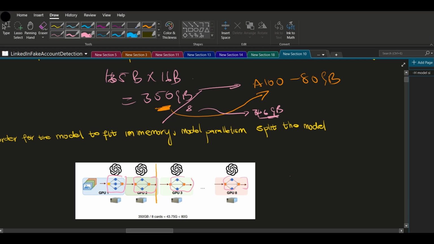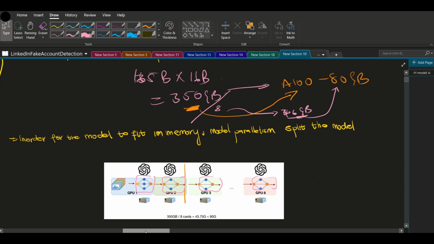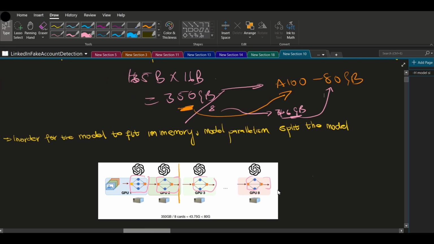And this 46 gig can now fit in our 880 gig, right? So that's the point, we have to split this model, and by splitting that model into layers, we call this the model parallelism technique, right?